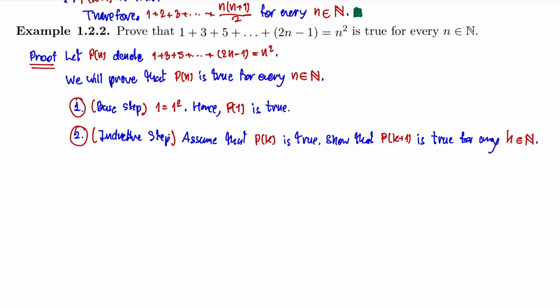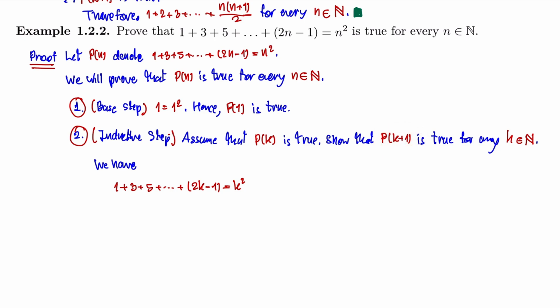All right, so what can we do with this? Once P(k) is true, we have 1 plus 3 plus 5 plus all the way to 2k minus 1 equals k squared. But we need to show P(k+1) is true.